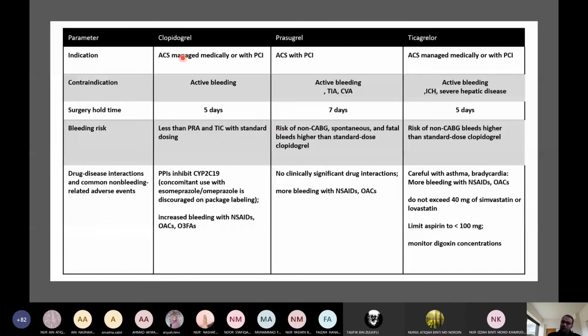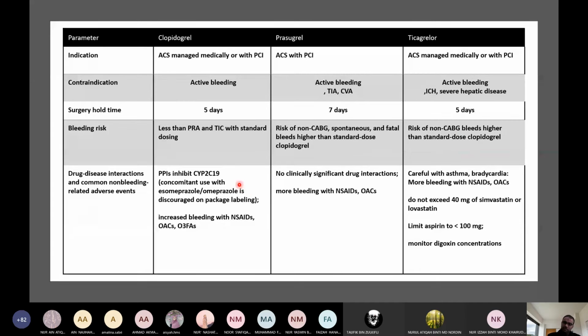We have some information recommending that clopidogrel has less bleeding risk compared to the other two. Here the risk of non-CABG-related spontaneous or fatal bleeding is higher than the standard dose of clopidogrel, and here the risk of CABG-related bleeding is higher than the standard dose of clopidogrel.